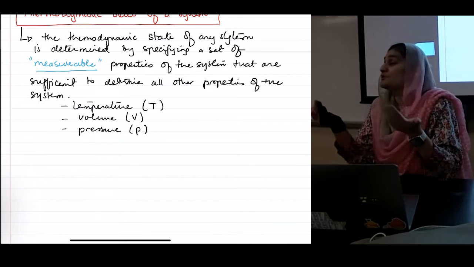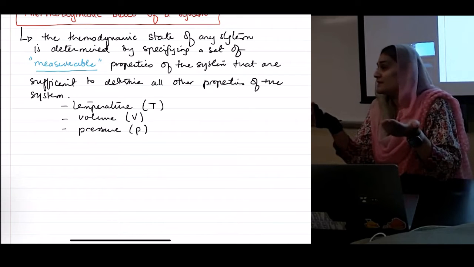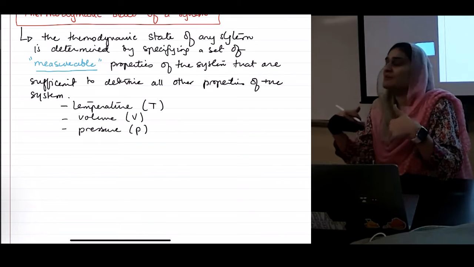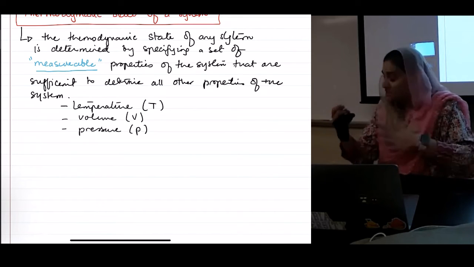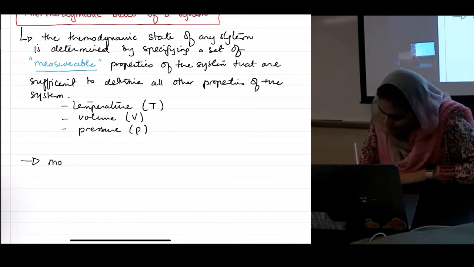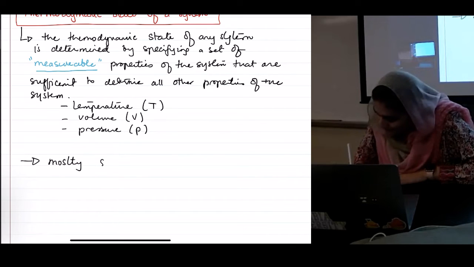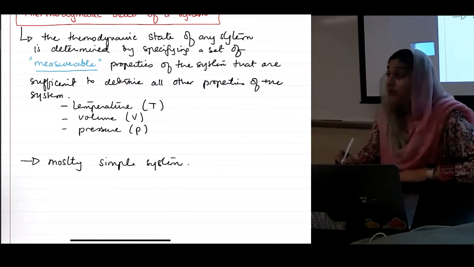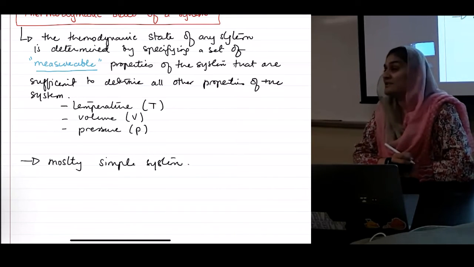That is an engineer's problem, to study complex systems. We will study simple systems. So systems that we will study will be mostly simple systems.